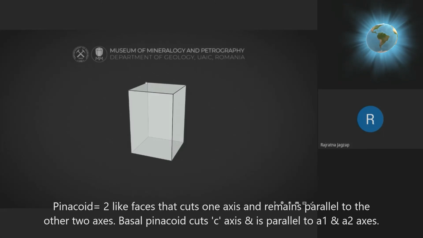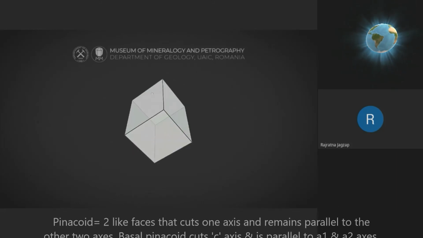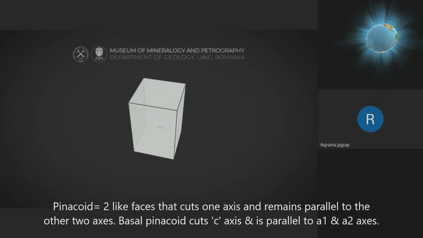And you can see the top face is parallel with the front to back and right to left axes, because the top face is horizontal, and the A1 axis and A2 axis are also horizontal. That means this top face cuts only the vertical axis, and remains parallel with the A1 and A2 axes. The bottom face and top face form the basal pinacoid.